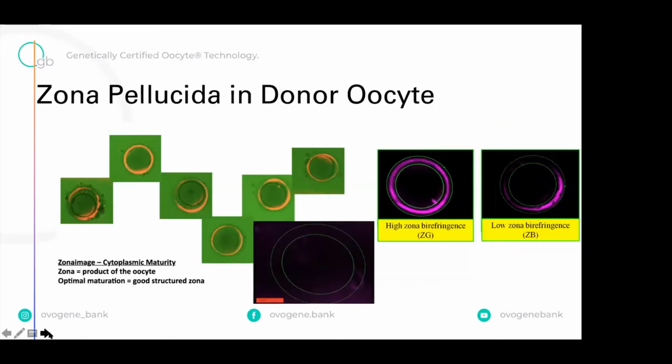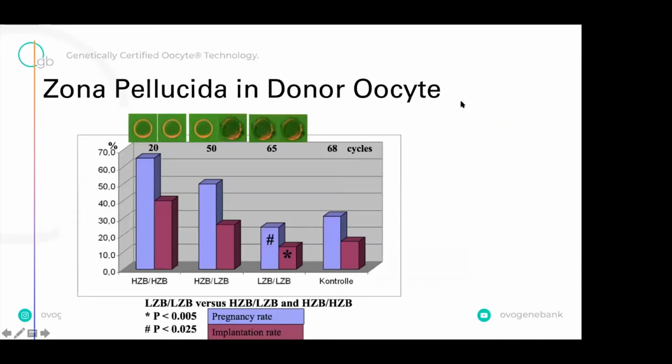So what advantage will it bring us? As you see in the graphs, the low zona and high zona difference directly affects the pregnancy rate and implantation rate. When we have the exact thickness of the Zona pellucida, the pregnancy rate and implantation rate are really high.